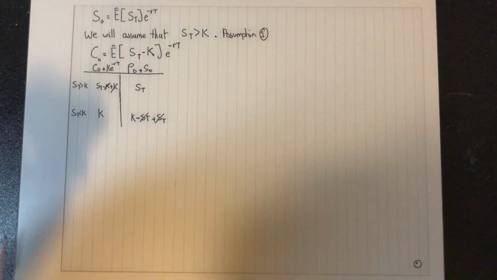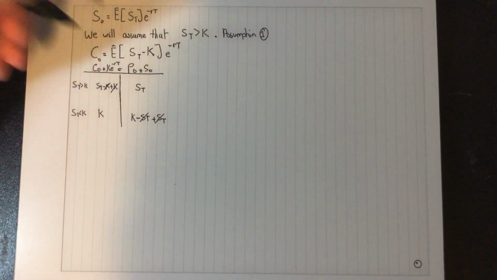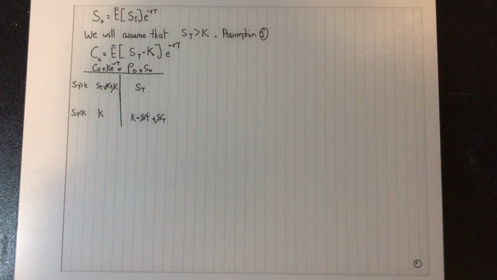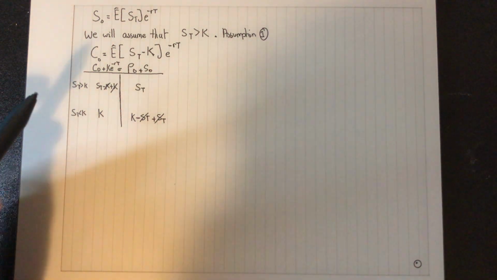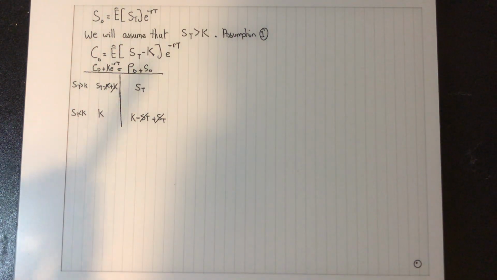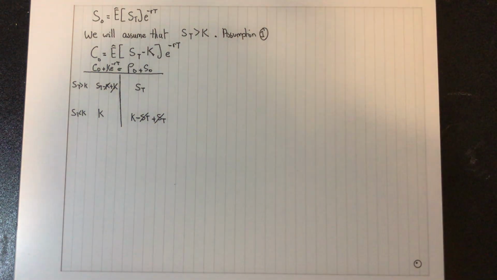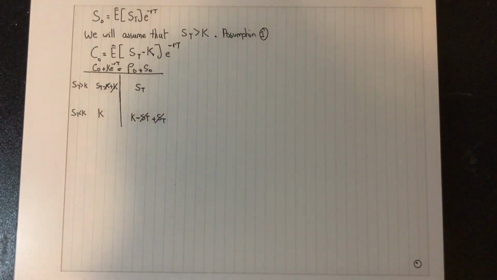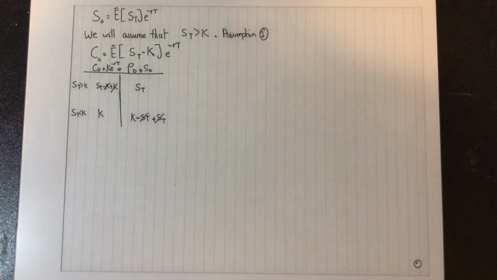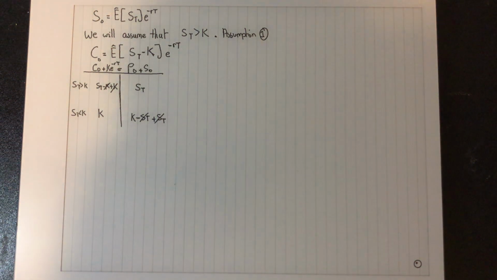So that's simply the idea behind the put-call parity, which states that the call option plus the strike price, discounted at the risk-free rate, must be equal to the value of a put option plus the value of the underlying stock.